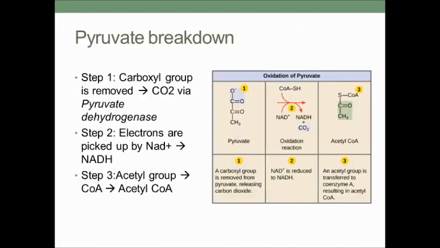So let's break down that pyruvate molecule. A carboxyl group is removed and released as CO2, or carbon dioxide, via the enzyme pyruvate dehydrogenase. Electrons are then picked up by the electron carrier NAD, which is then reduced to form NADH. And then the acetyl group combines with CoA to form acetyl-CoA.